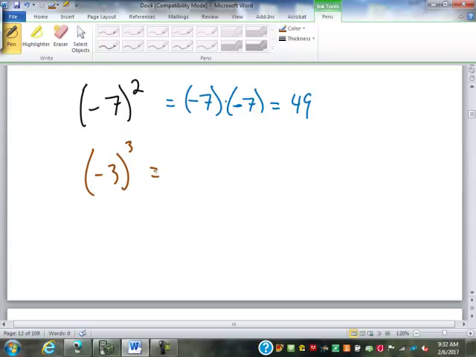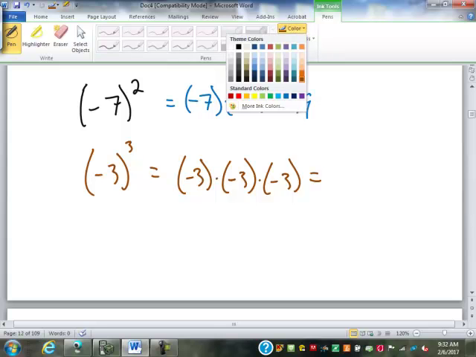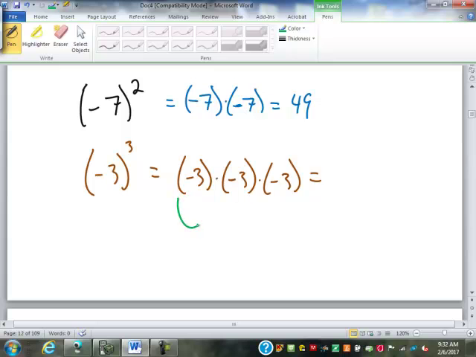So (-3) to the power of 3, -3 times -3 times -3. Will that result have to be positive or negative? Negative. Because as we've seen, we can only multiply two numbers at a time.